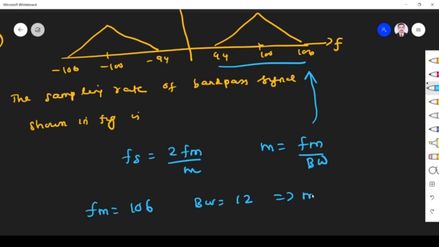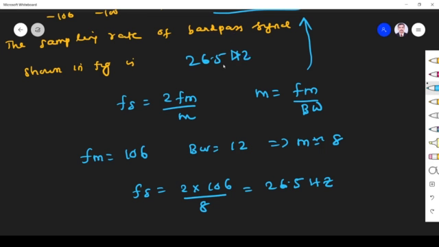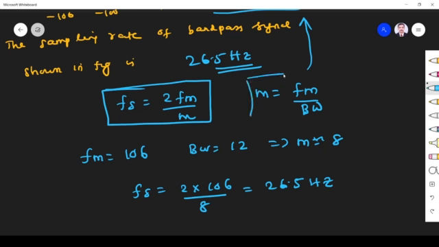This implies M is equal to 106 by 12, that is approximately equal to 8. So what is Fs? Fs is equal to 2 into 106 divided by 8, which is 26.5 Hz. So the answer is 26.5 Hz. It's a bandpass sampling, so Fs is equal to 2Fm by M, where M is equal to Fm by bandwidth.